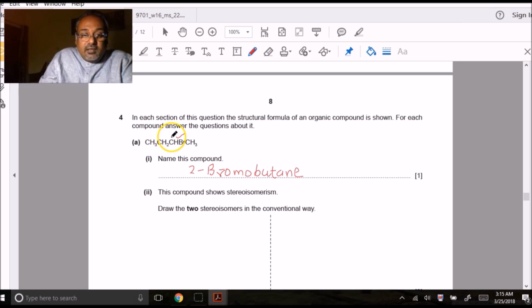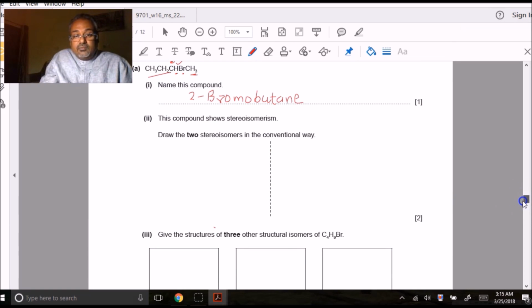Also this particular carbon here is a chiral carbon because it has 4 different things. So this question is about the stereoisomerism shown, the optical isomerism due to the presence of a chiral carbon.